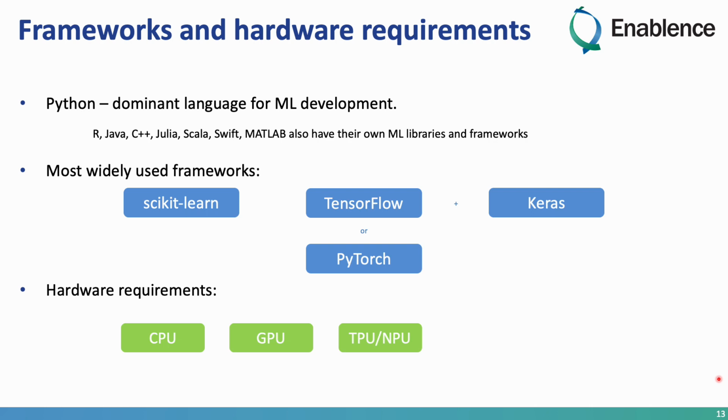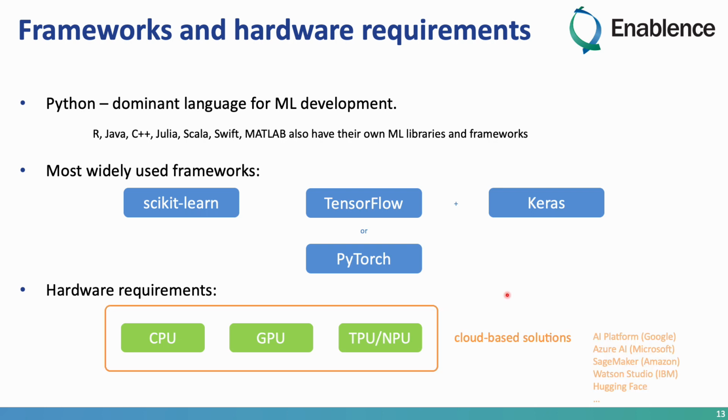Now, other companies also offer their own AI hardware accelerators, which are more generally known as NPUs, neural processing units. So it's worth noting that while GPUs and TPUs can greatly speed up training, they may not be essential when starting out or working on smaller scale projects. Also, many companies offer cloud-based solutions that allow you to utilize their infrastructure for training models without requiring high-end hardware locally.